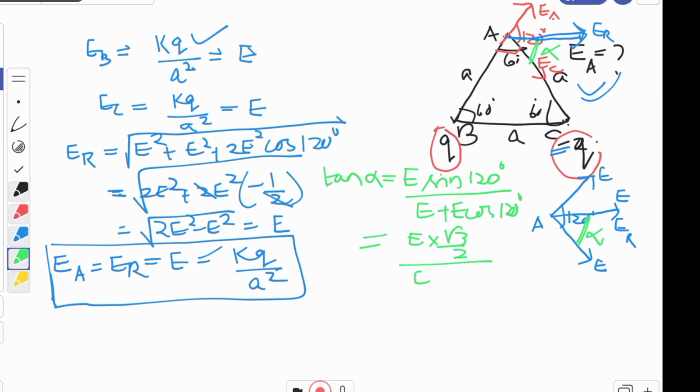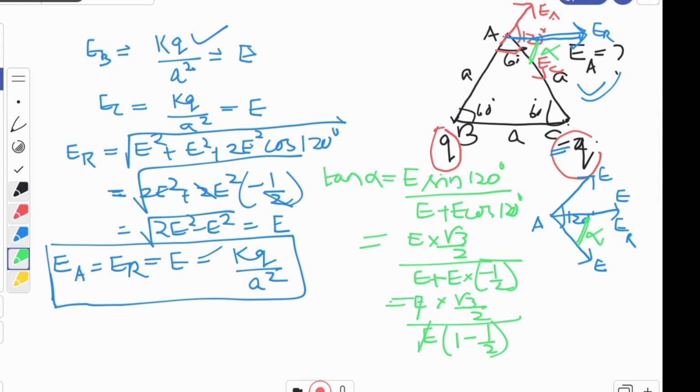And cos 120 is minus half, children. Don't get confused. Minus half. So we'll take E common: E into root 3 by 2, over E common, 1 plus minus half, so 1 minus half.